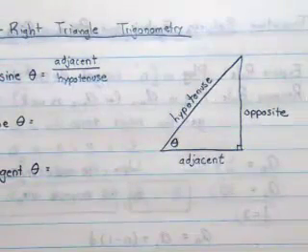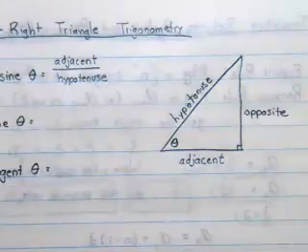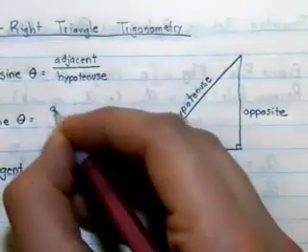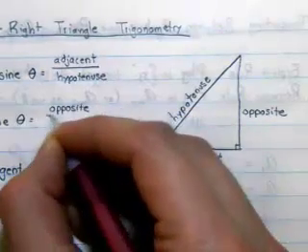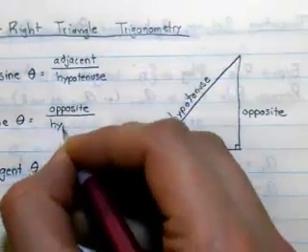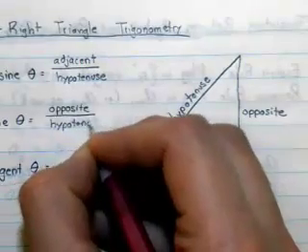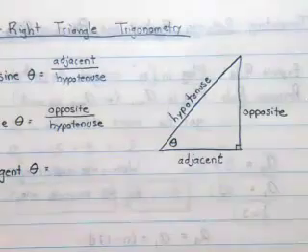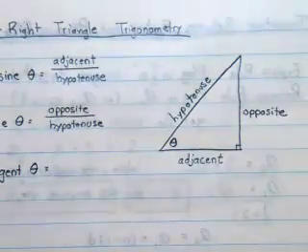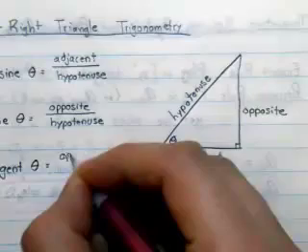And the sine is the opposite side divided by the hypotenuse. Anybody remember what the tangent is? Opposite over adjacent, yes.